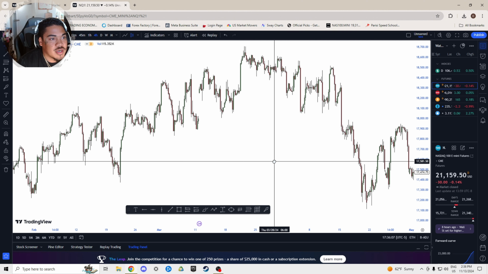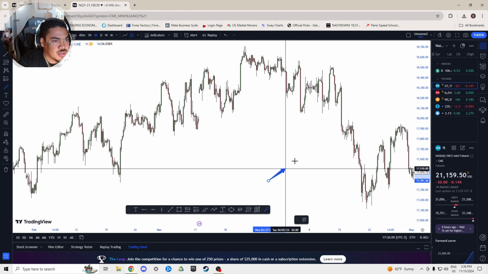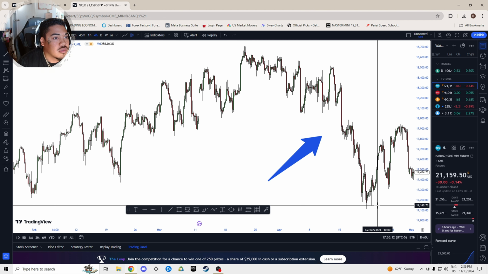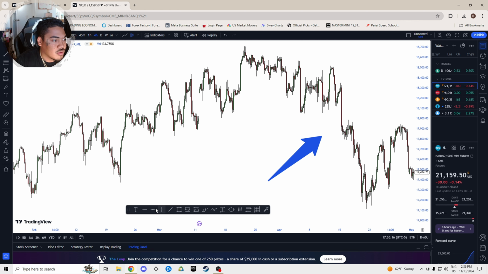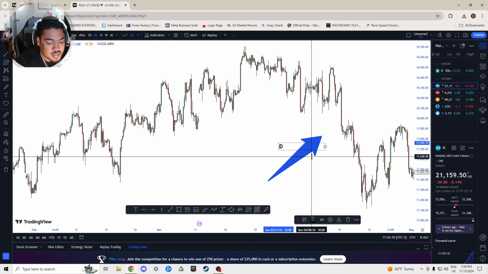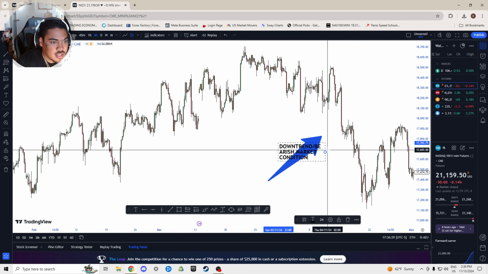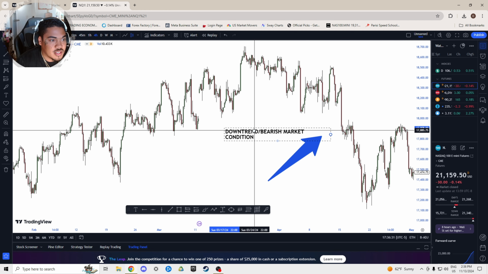What do you guys see right here, where this arrow's pointing? Okay, I'm gonna guess y'all said a downtrend. Right? Right here we got a downtrend, or bearish market condition right here.